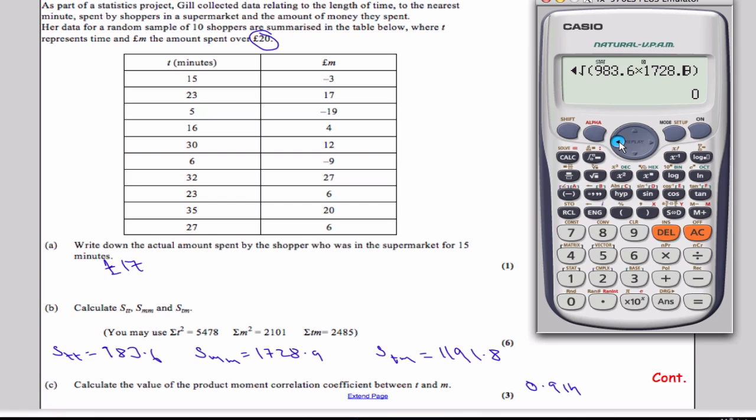Let's check and see, do I need to close? I do need another bracket. Another bracket, let's hope. 0.9139, same answer, exactly what we were looking for.